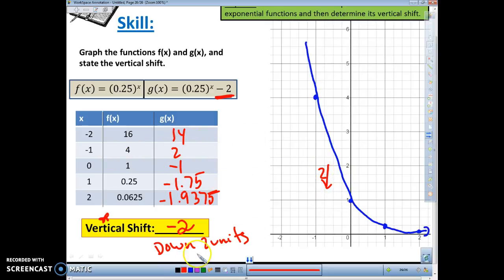So I'm going to label this. This is f of x, and then I have g of x. So negative 2, 14, I cannot fit. Negative 1, 2, that's right here. Next point is 1, negative 1.